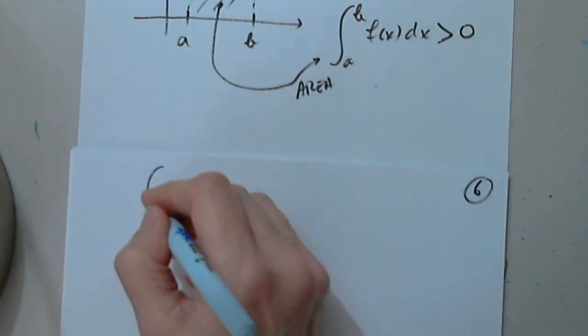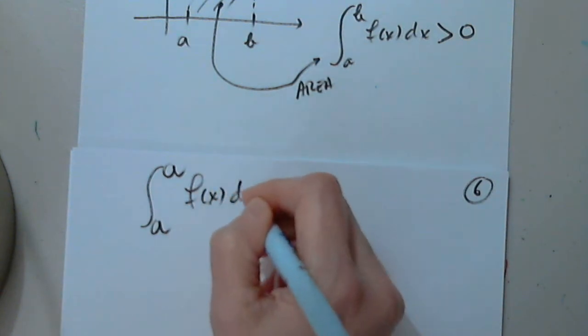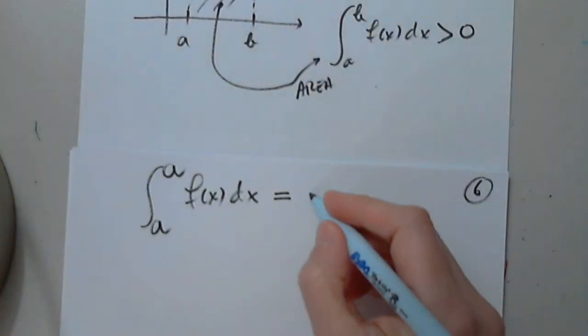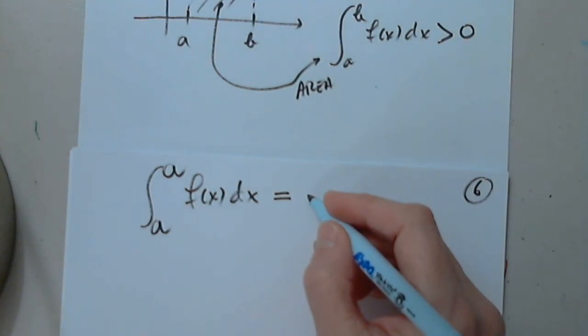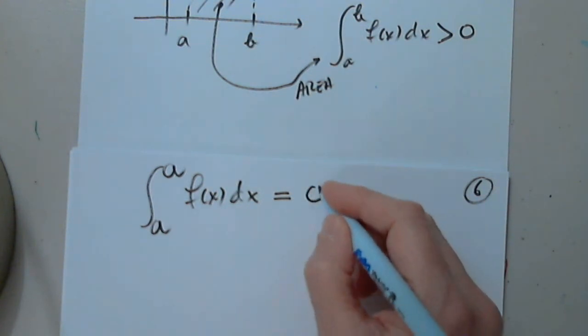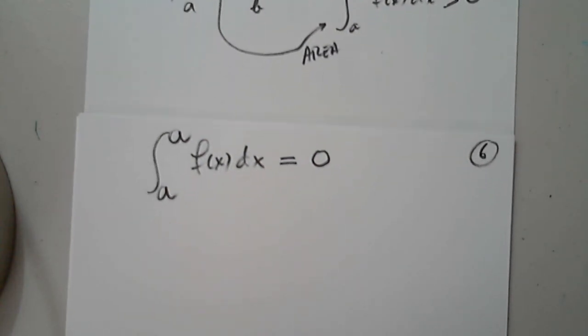Here's the next property. Common sense. The integral from a to a of f of x dx. What do you think this equals? Single point. We're talking about area. Is it 1 or 0? Of course, 0. There is no area.